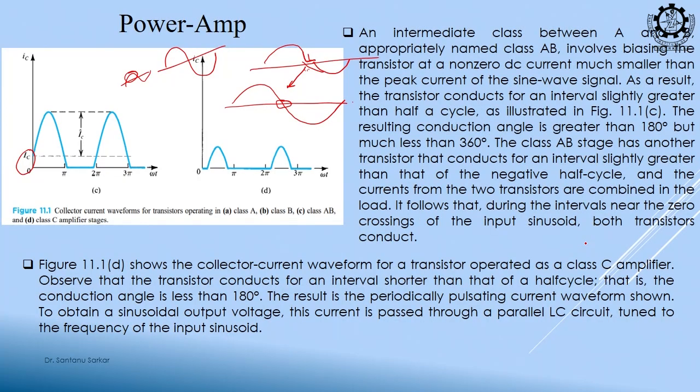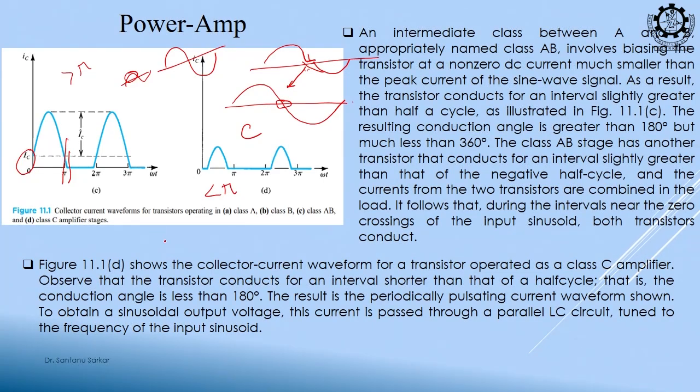But in this case we are adding only a small portion of DC, so that at the crossover, you see, this is the zero crossover, that time it should be on, and its conduction angle is just greater than pi, but much less than 360 degrees, 2 pi. And the remaining is class C, where you see its conduction angle is even less than pi.